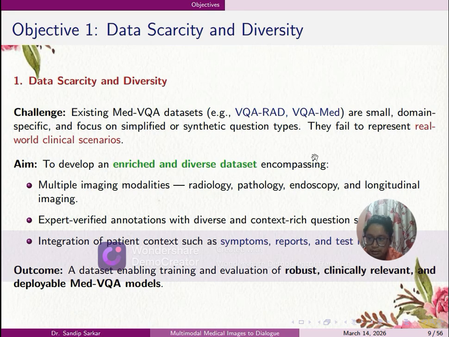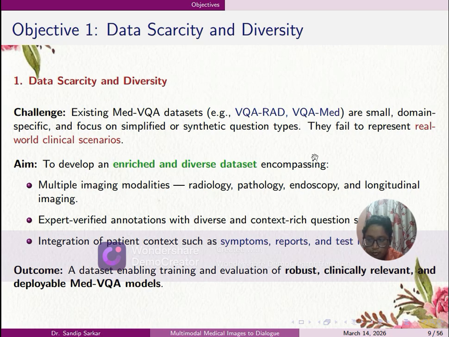First one is data scarcity. In data scarcity, current medical VQA datasets, I have already discussed different types of datasets, are often domain specific, focusing mainly on radiology and certain simplified or even synthetic question types that do not reflect the complexity of real clinical conversation.